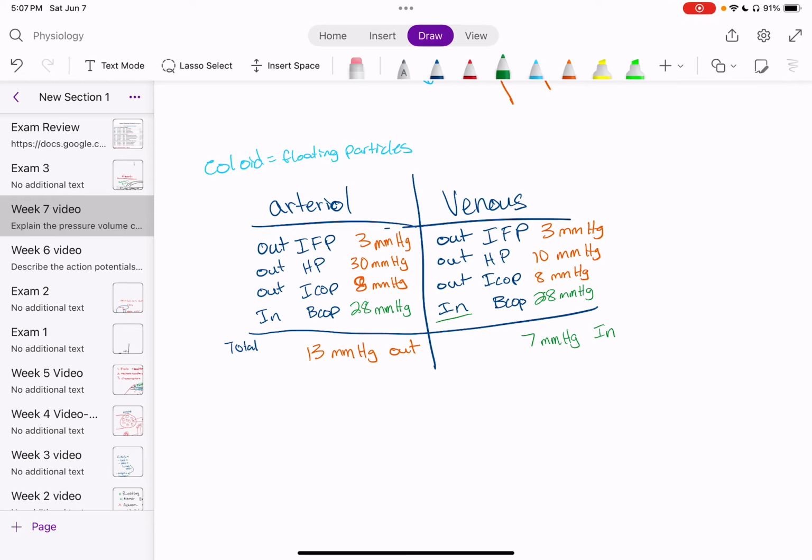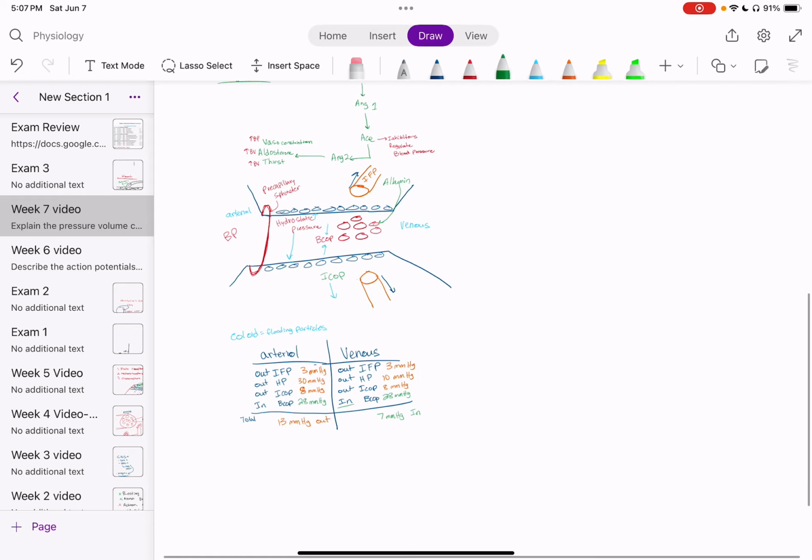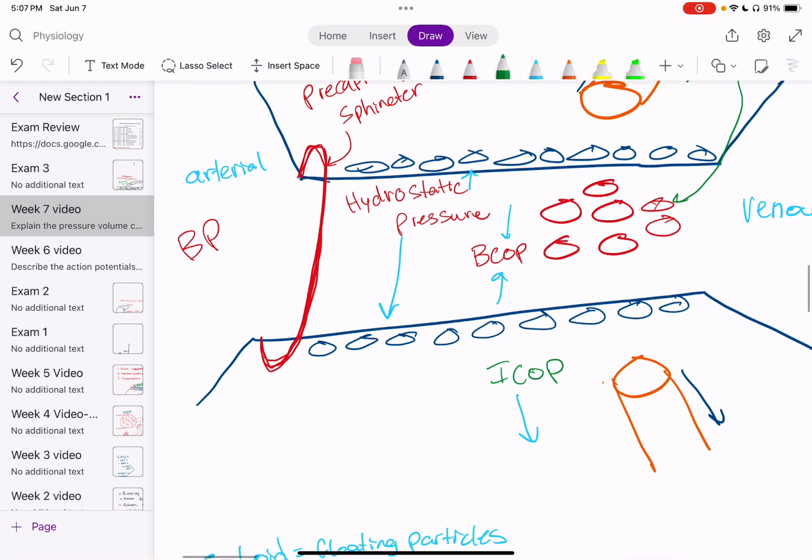What changes here is we mentioned we have these cells that line the blood vessel, the capillary. And something we can have is these mast cells.